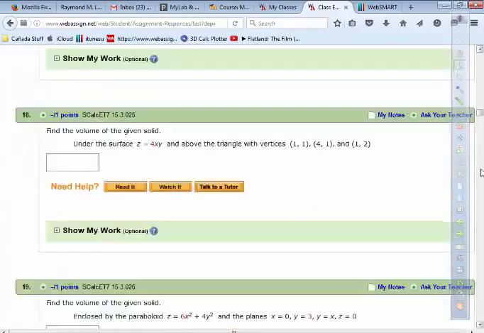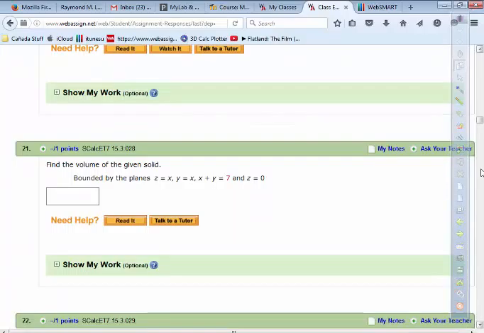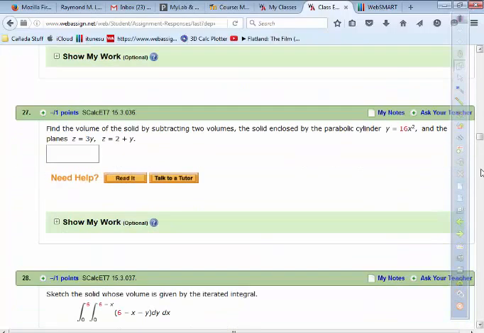Well, I kind of took that a little bit differently. Subtracting two volumes, the volume enclosed by this parabolic cylinder and the planes, this and this. So I think I see two planes and then a parabolic cylinder is going to be your boundary.